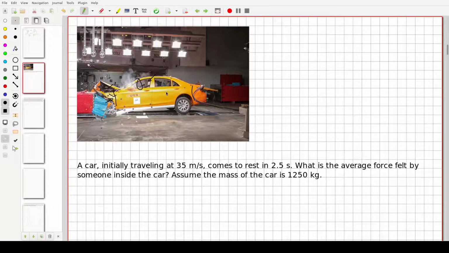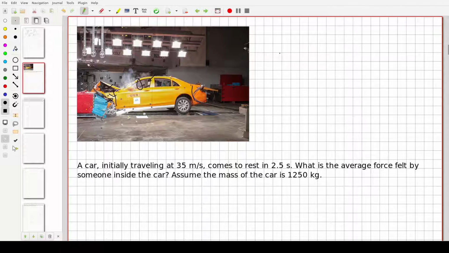Now, this is a modern car. Modern cars have crumple zones. All right. If you look at this place right here, these two areas right here are crumple zones. What that means is they act like the padding in that boxing glove.